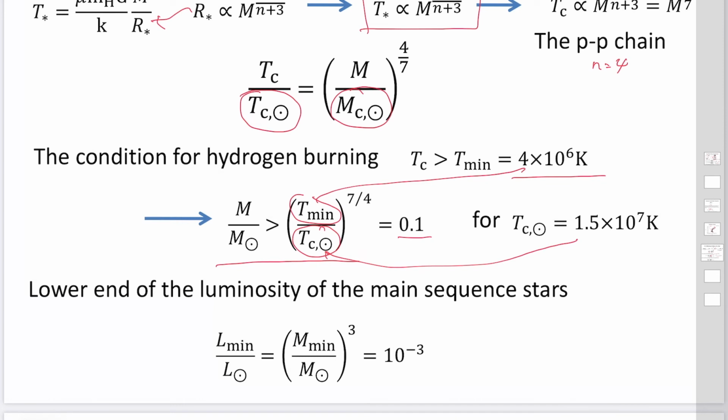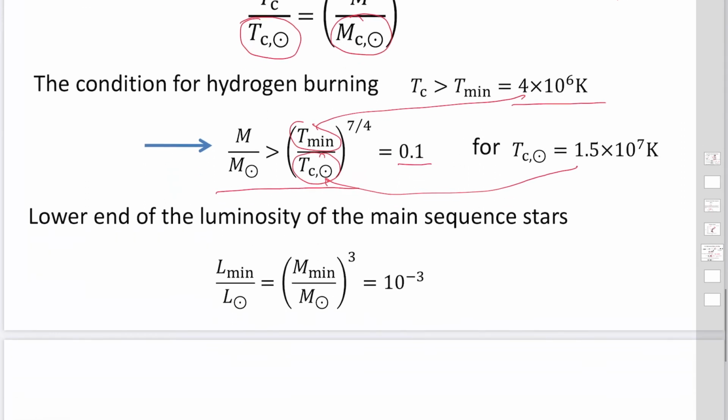And also we could estimate the minimum luminosity of the main sequence stars. Because the luminosity is proportional to M cubed, we use this equation: minimum luminosity over the solar luminosity is equal to the minimum mass over the solar mass, cubed. Then the minimum luminosity becomes 10 to the minus 3.